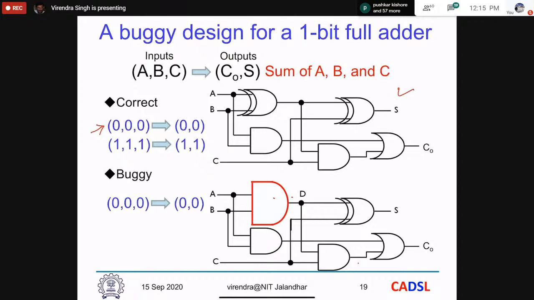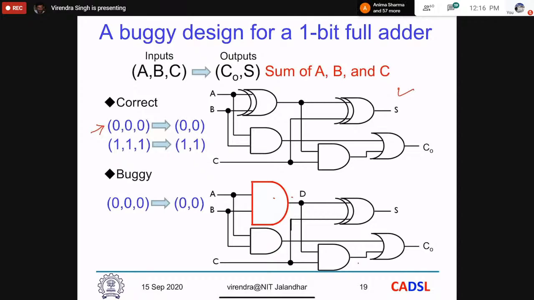For example, here I replaced the XOR gate by an AND gate. But if I replaced it by an OR gate, then the OR gate and XOR gate differ only when the input is 1 1.